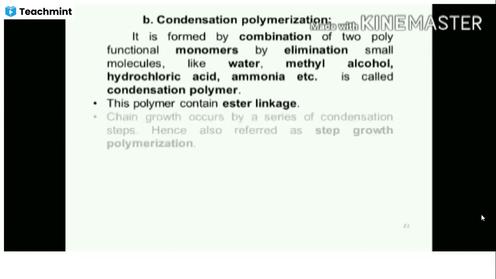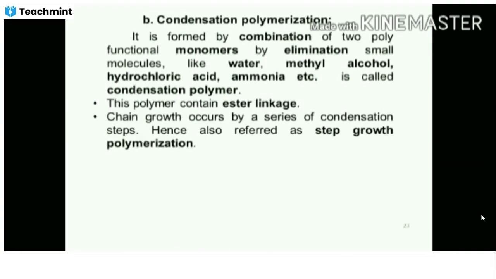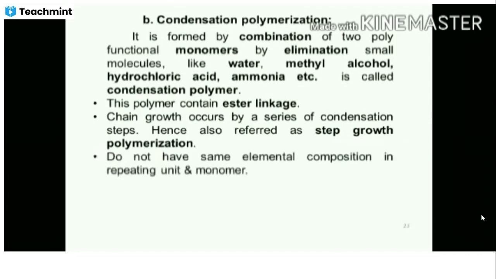Chain growth occurs by a series of condensation steps, hence it is referred to as step growth polymerization. It does not have the same elemental composition in the repeating unit and its monomer.